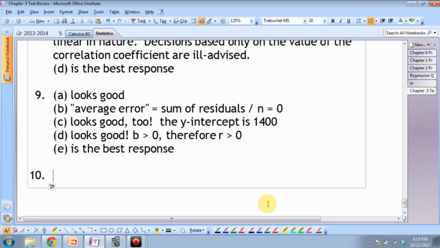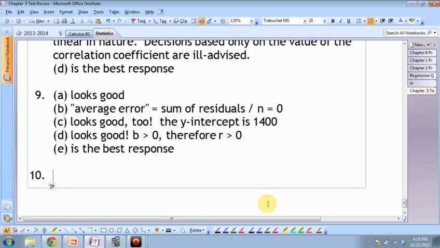A study of fuel economy in various automobiles plotted fuel consumption versus speed, and an LSRL was fit to the data. Here's a residual plot. What does the pattern tell you about the linear model? A, evidence is inconclusive. It's a pretty clear pattern. B, residual plot confirms linearity.